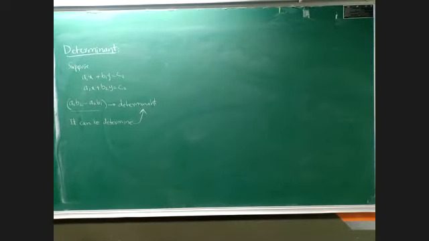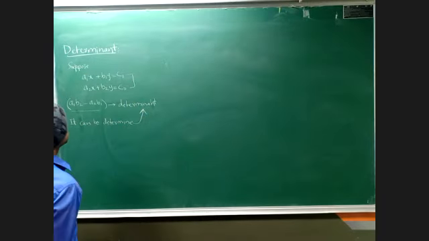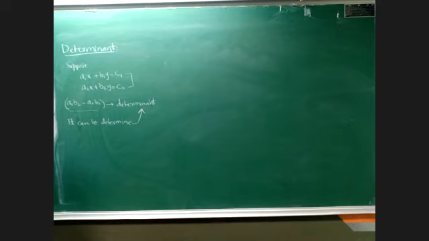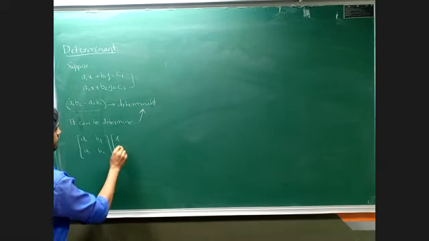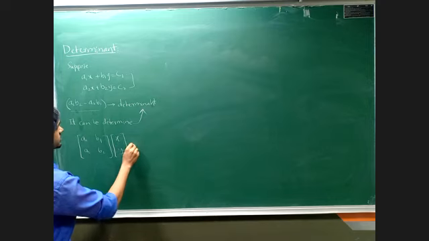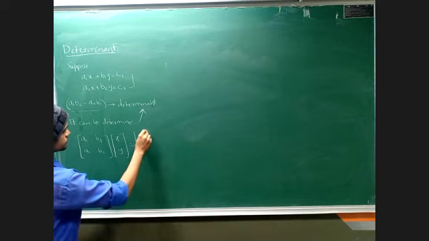Suppose if these two simultaneous equations are written in matrix form, the matrix will be x, y, and is equal to c1, c2.